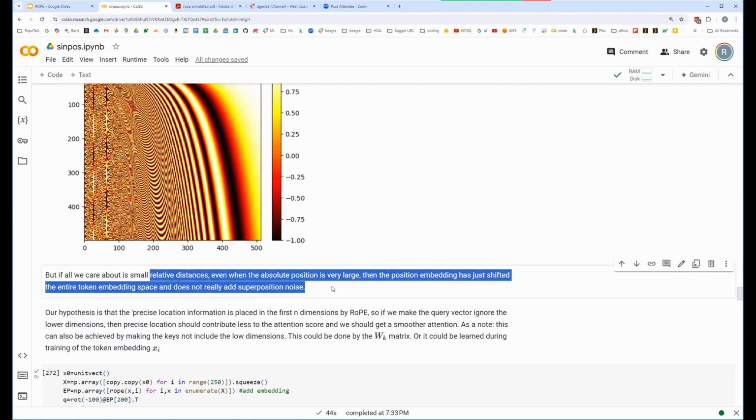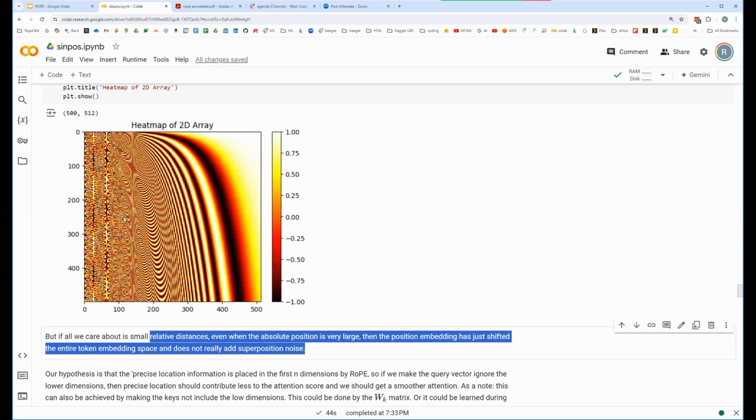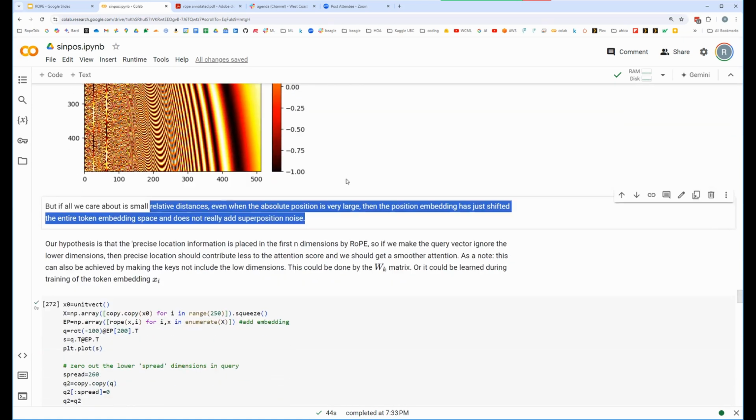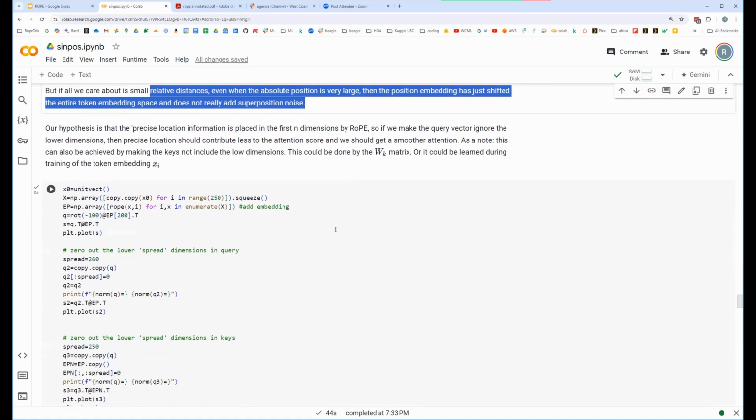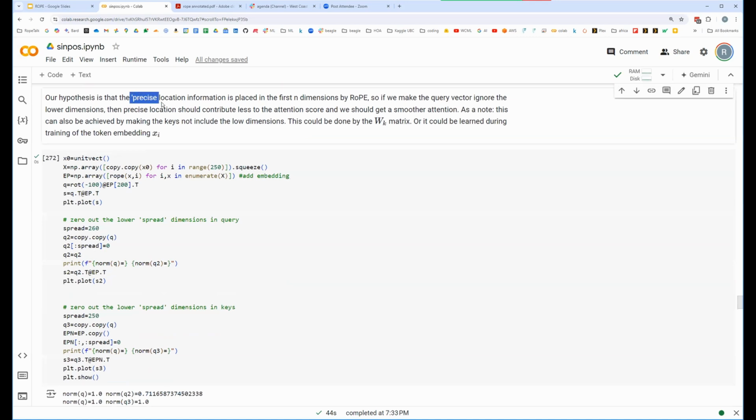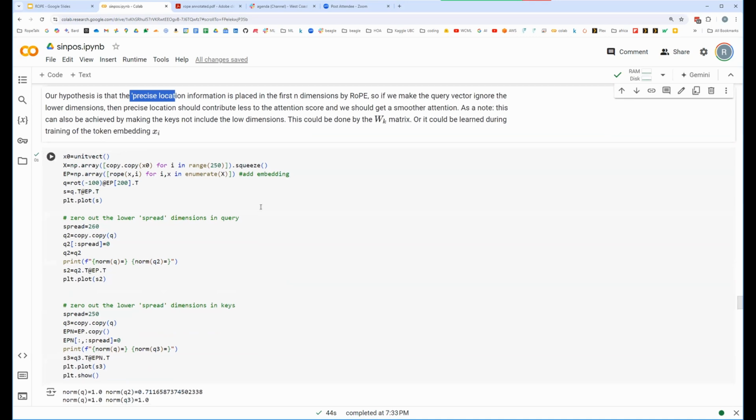So I think I've stated this then. Our theory is that the small relative differences you just need to avoid in this area. And in here, it just creates kind of a bias to the vocabulary, but it doesn't really interfere with the token embedding in that space. So the intuition is that the precise location is in the low bits.